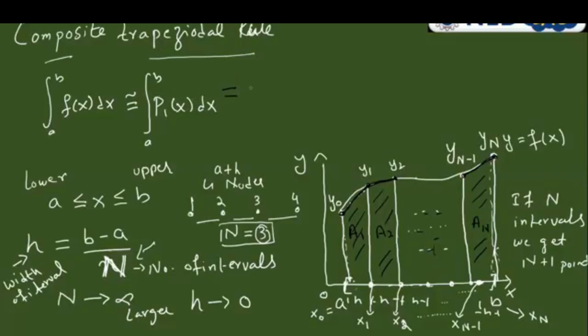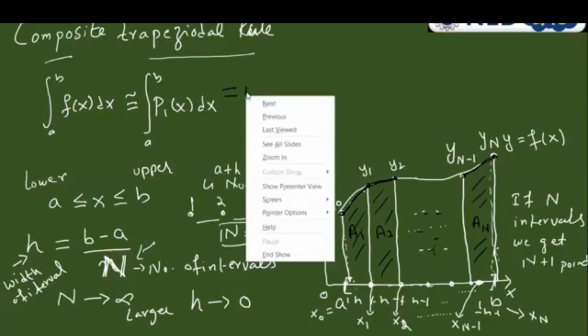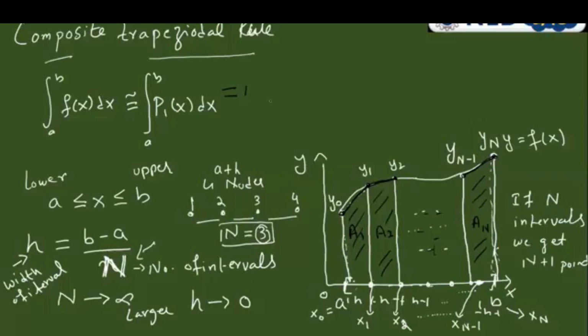The final answer will be equal to the area a1 plus a2 plus a3, plus so on until whatever the last area we can compute. So this would be the answer.